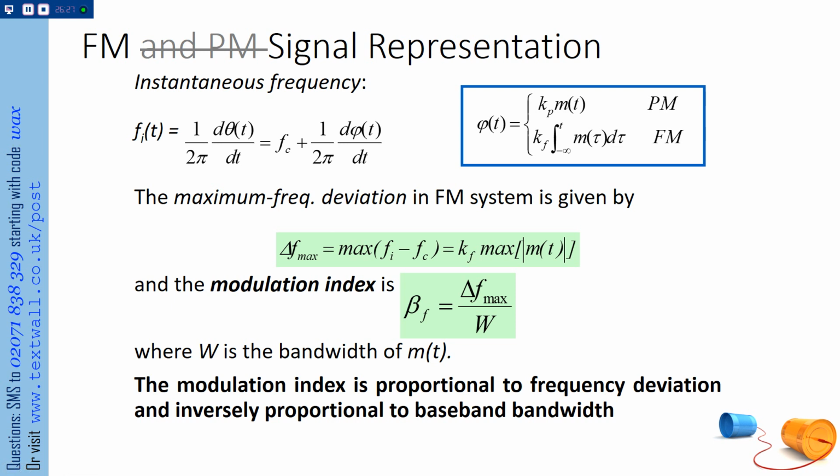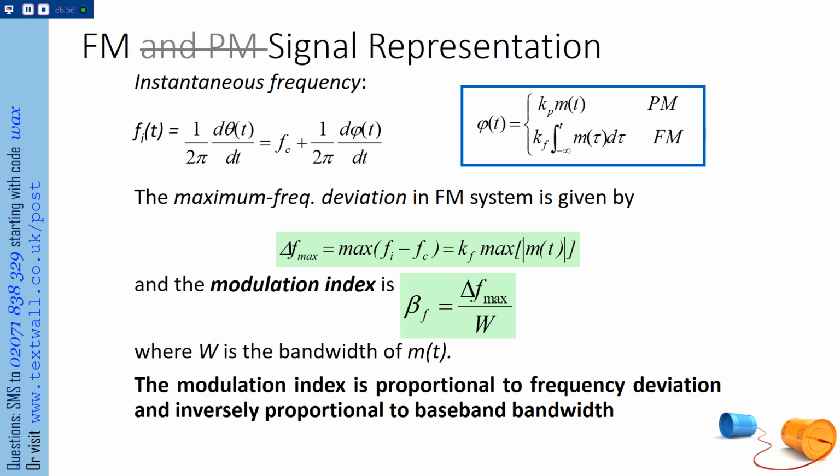And if you divide that frequency deviation by your original bandwidth, the message bandwidth, that ratio is called the modulation index, beta, a unitless quantity that indicates the depth of modulation. In amplitude modulation, we would compare amplitudes. Remember we said A max minus A min divided by A max plus A min.